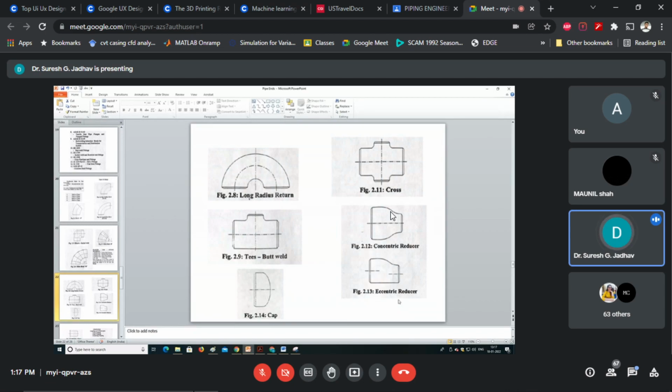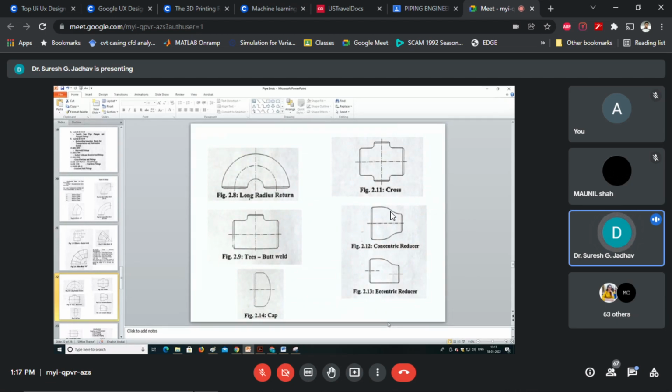When the center lines of the larger pipe and smaller pipe are to be maintained the same, the first case is called concentric reducers. When one of the outside surfaces of the pipelines is to be maintained the same, then the eccentric reducers are required. See, the eccentric reducers are required.